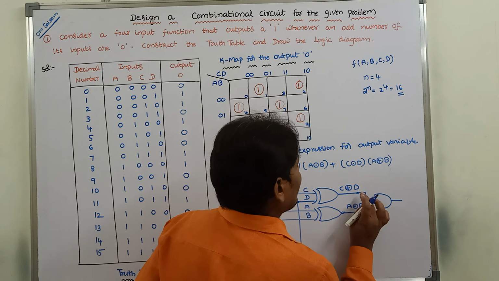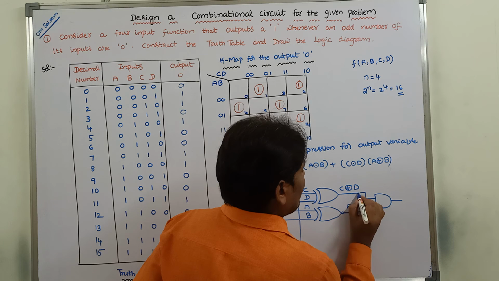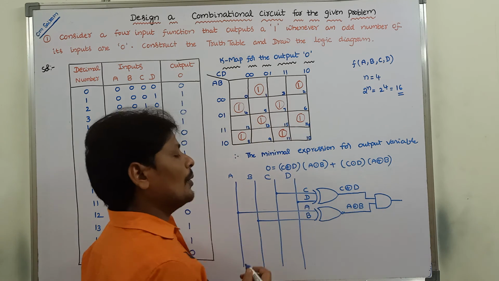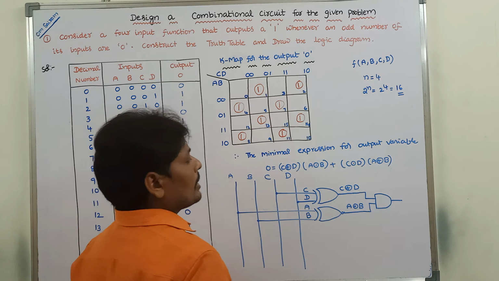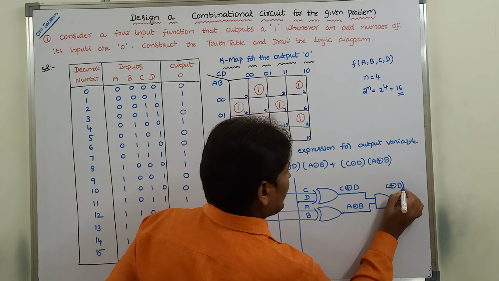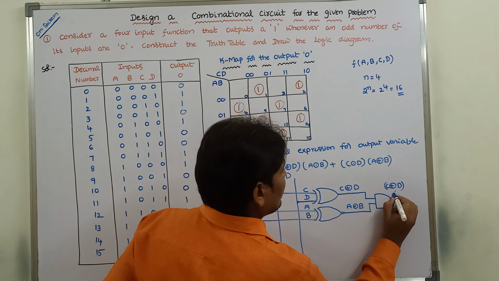So this is one term. Here this one is C exclusive OR D into A exclusive NOR B.